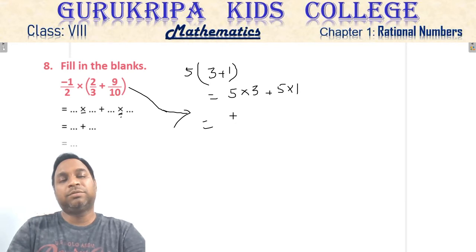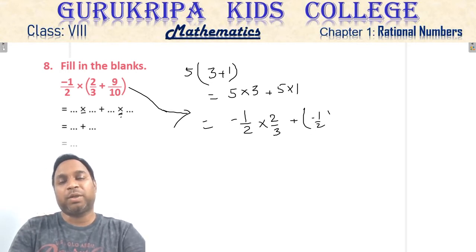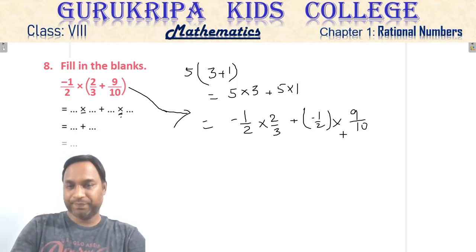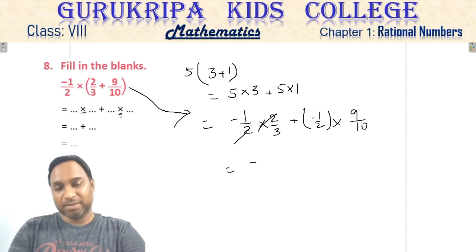You have to multiply minus 1 by 2 to two numbers. Which are the two numbers? 2 by 3 and minus 1 by 2 multiplied by 9 by 10. Now you have to solve this multiplication part.